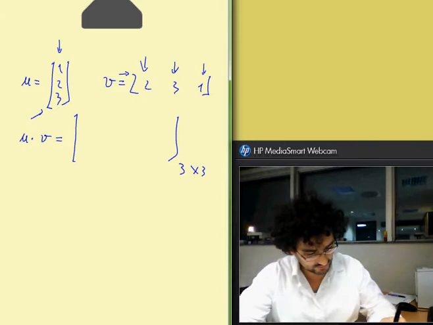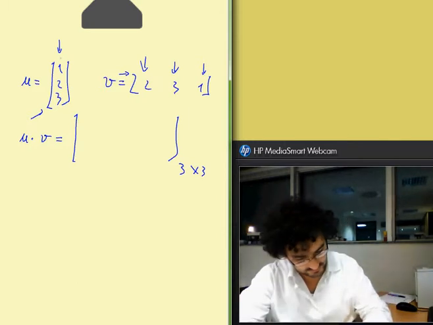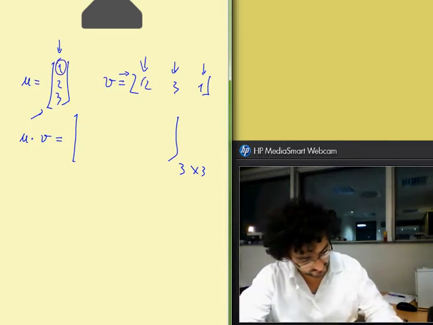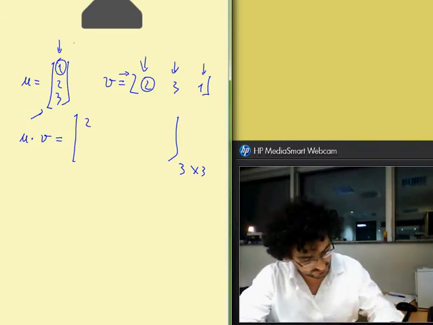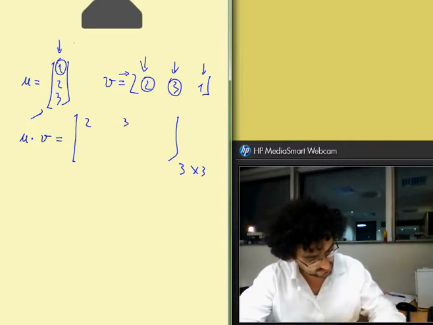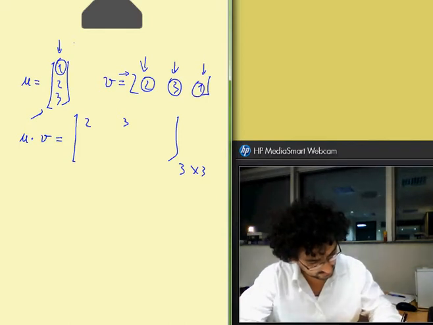In order to compute this matrix, we consider the first row and the first column, so 1 times 2, which is 2. Then we consider the first row and the second column, so 1 times 3, which is 3. The first row and third column, so 1 times 1 is equal to 1.